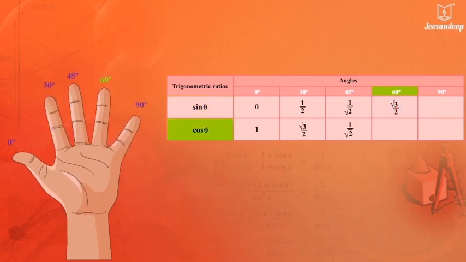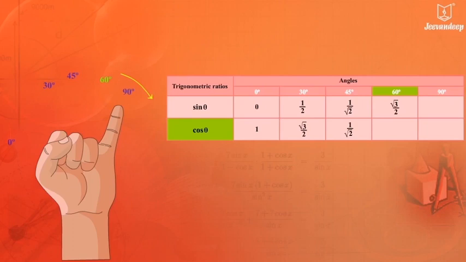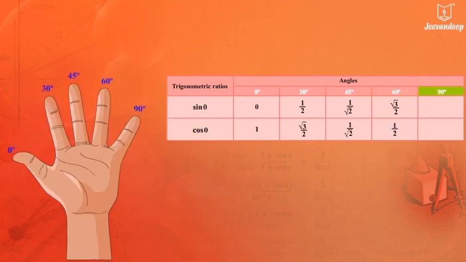For cos 60, count the number of fingers towards the right of the ring finger. It's 1, that is 1 upon 4. The square root of 1 upon 4 is 1 upon 2. Hence, cos 60 is 1 upon 2.